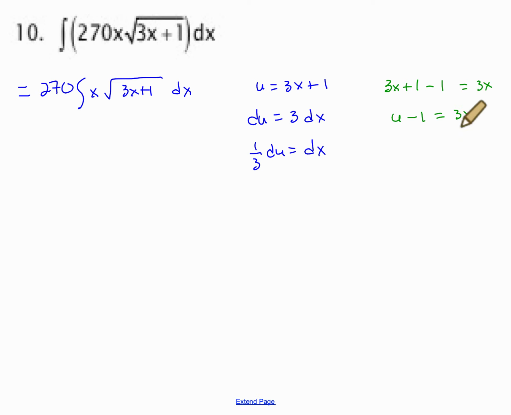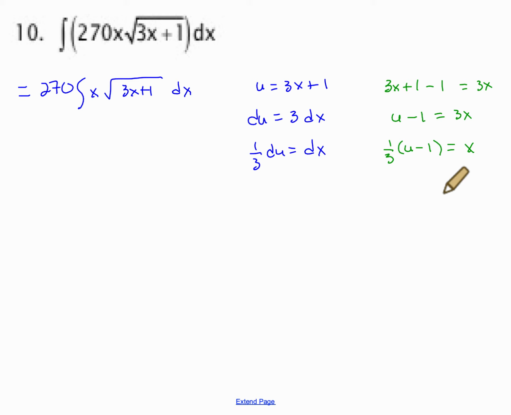Now, of course, the problem is I don't need to replace 3x. I need to replace x. Hey, this is an equation. So we can divide both sides by 3, and we get 1/3 of u minus 1 is equal to x. How about that?